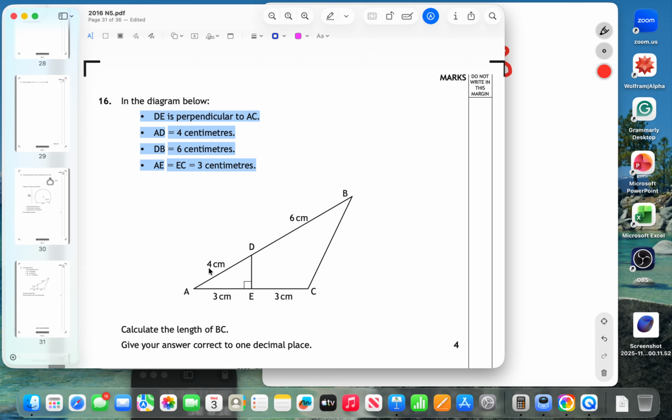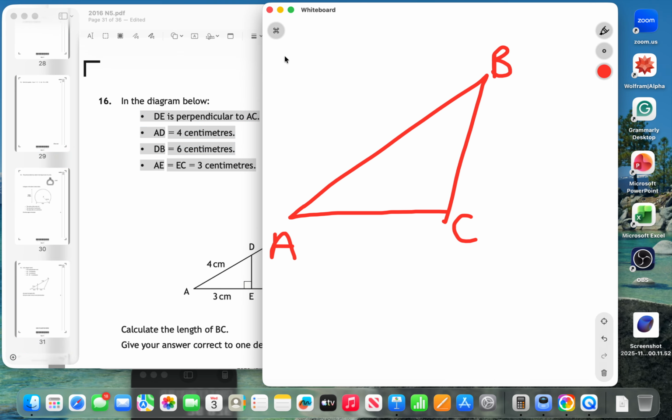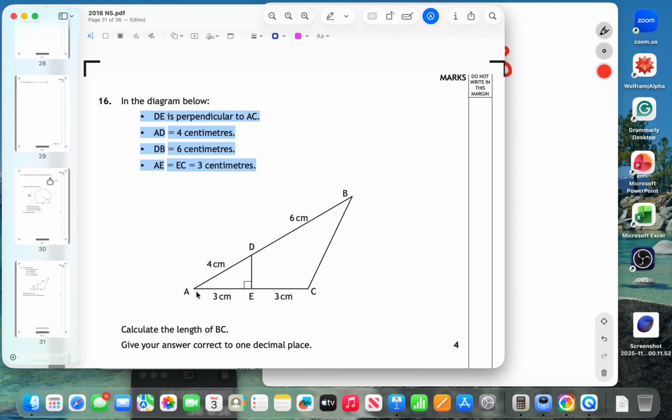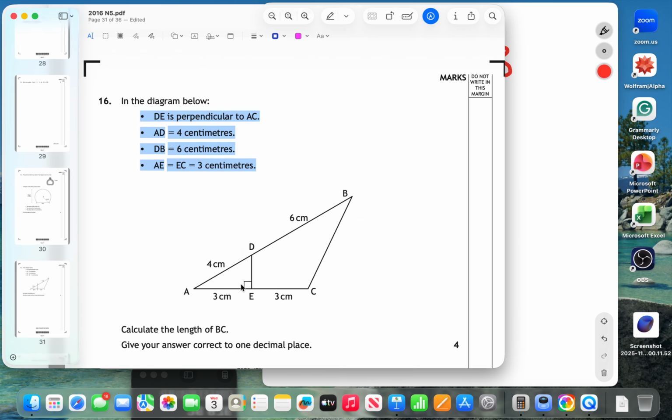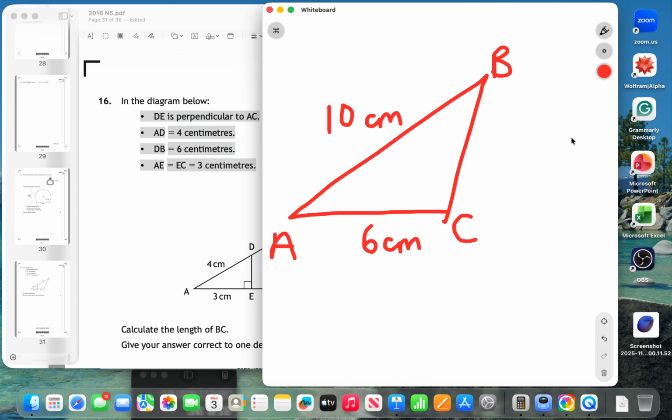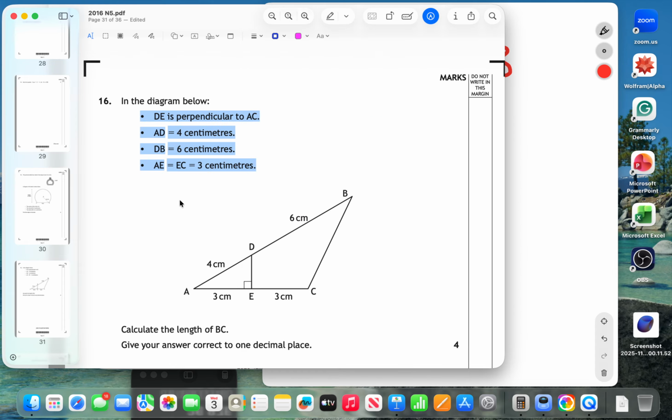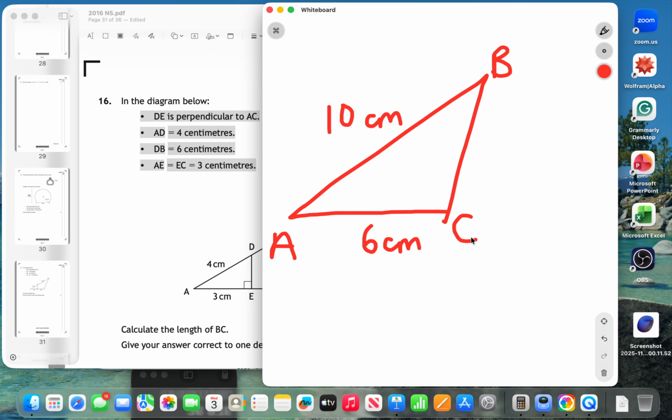And if you have a look, AD is 4 centimeters and BD is 6. So AB is that total length of 10. And AE is 3, EC is 3 also, so the total is 6. I will explain in a second why we've eliminated DE and we're just focusing on the big shape. And we have to find the length of BC.